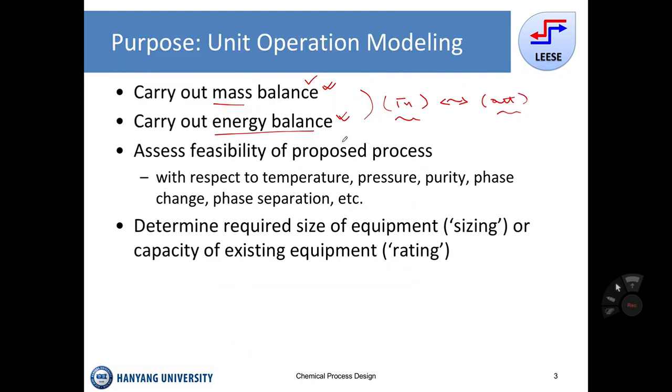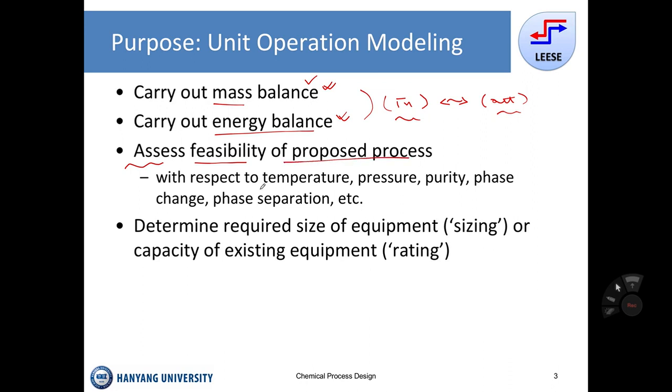So energy balance and mass balance are the key equations, a mathematical expression, to start the modeling of the unit operation. Okay. Now we can check the unit operation modeling for assessing the feasibility of a proposed process.